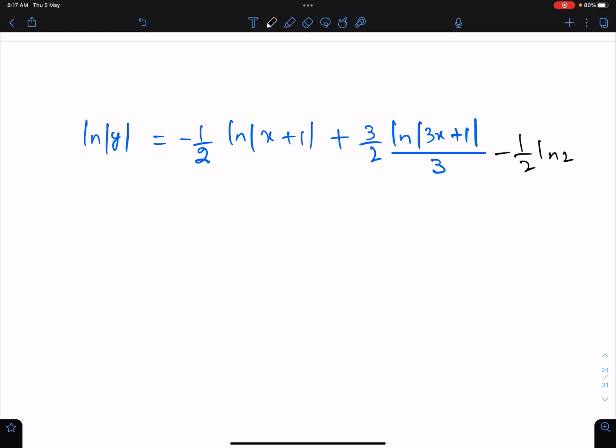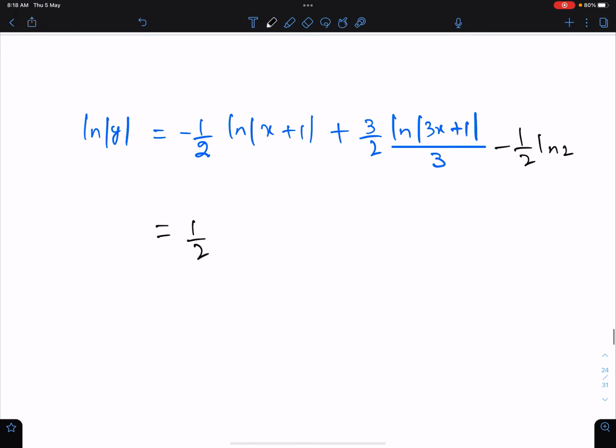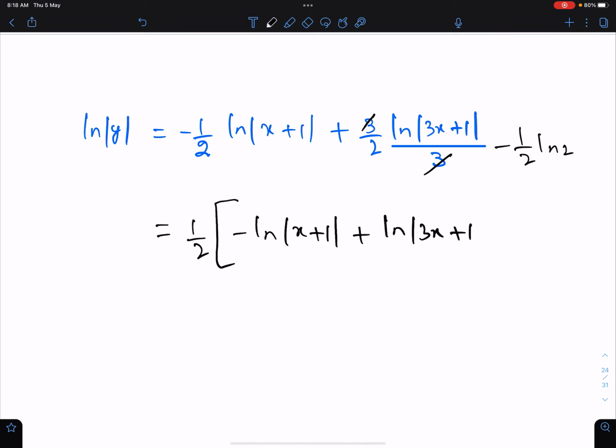Now we have to simplify this. So minus half, we can take half common from this equation. So we have minus ln x plus 1, ln modulus 3x plus 1 and negative ln 2.